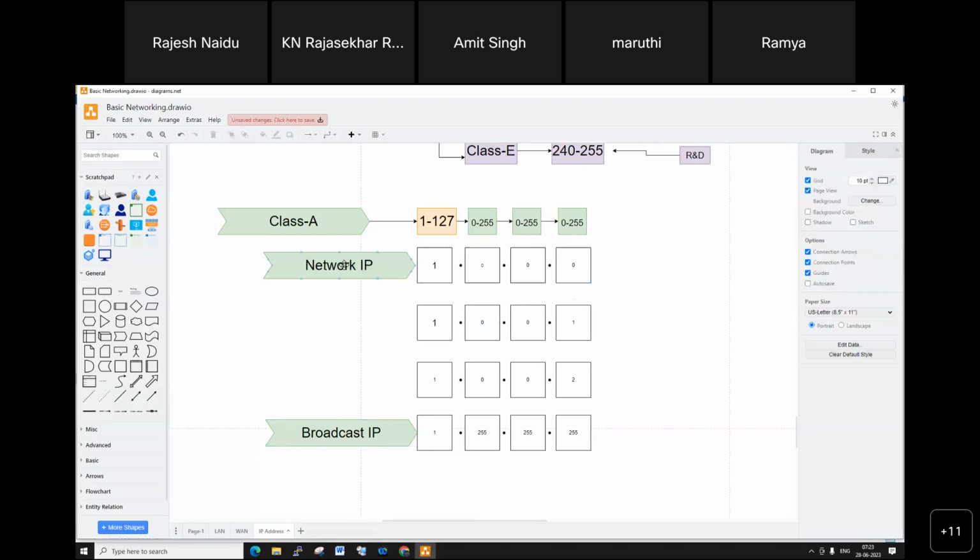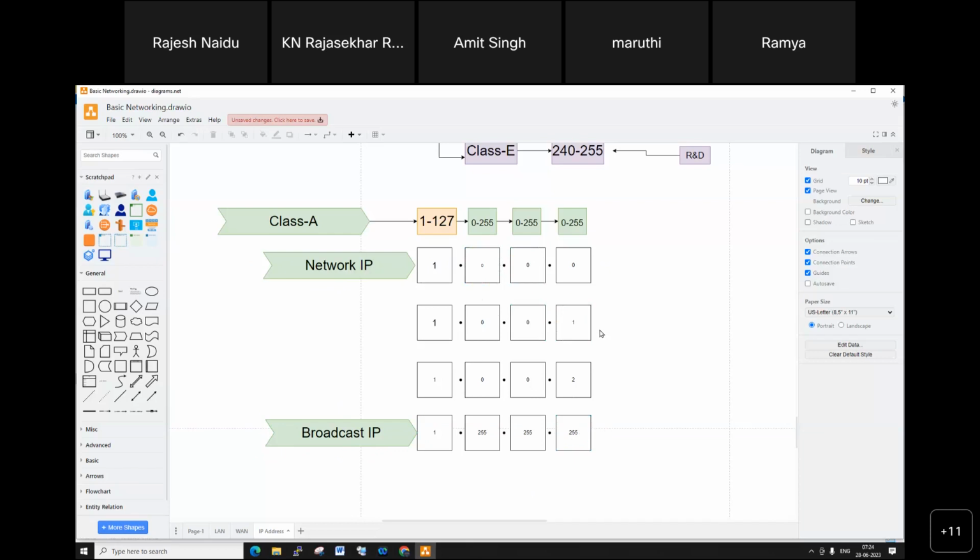So the IP address ending with 0 is a network IP, and the broadcast IP means 255. This is the starting IP address and this is the ending IP address. And what is the first host IP address? Anybody can tell me?